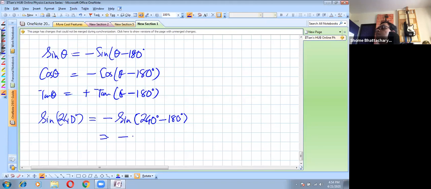So that is minus of sine 60, which is minus root 3 by 2. So this is my sine 240.